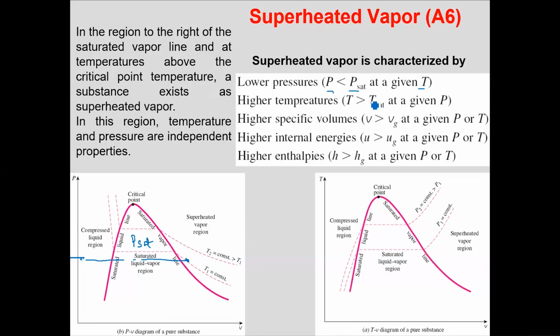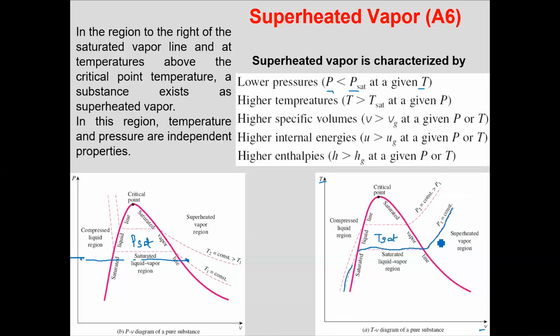Similarly, if you are on the temperature-specific volume plot and your pressure is constant, let's say your pressure is P1, this bottom line. What is this temperature?